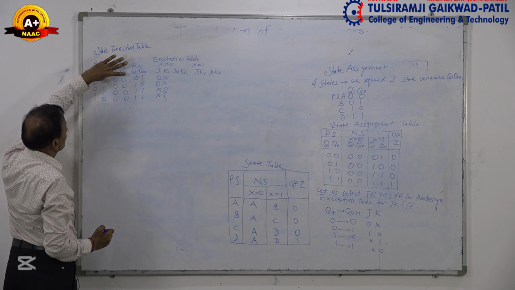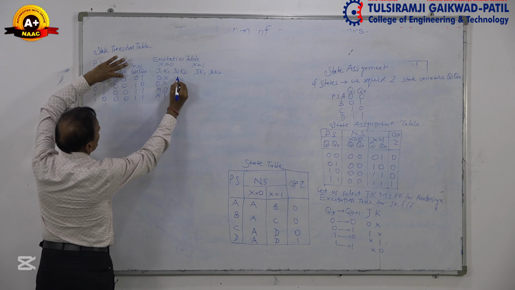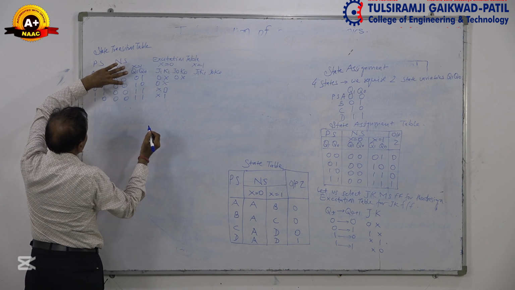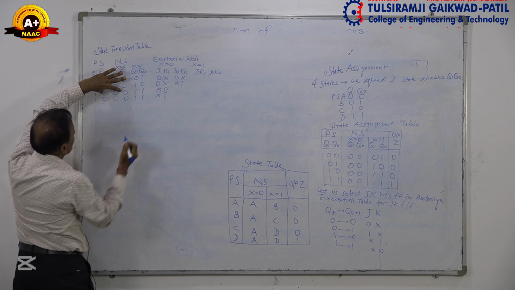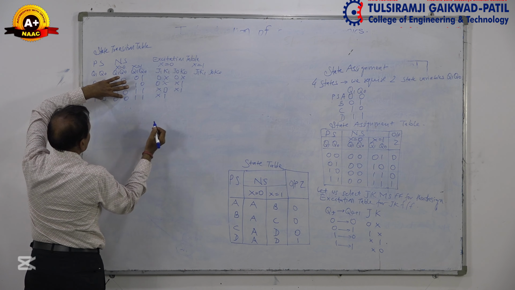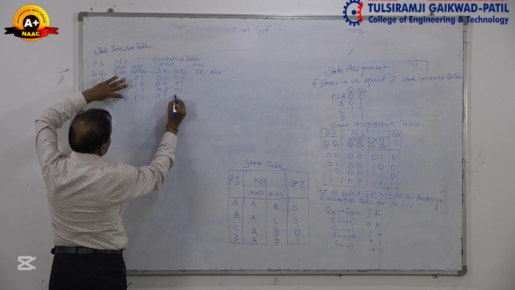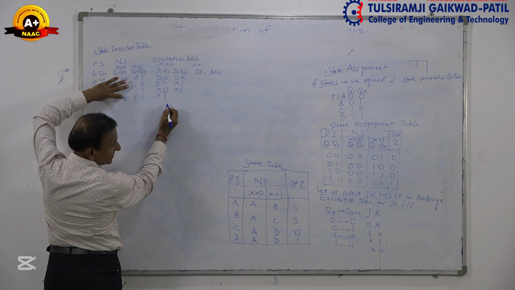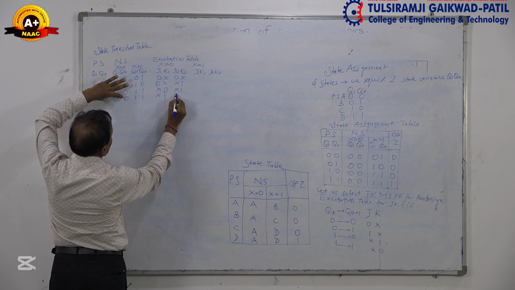Now for this x equal to 0, Q0 to Q0 transition: 0 to 0, 0 don't care, 1 to 0, don't care 1, 1 to 0, don't care 1, 0 to 0, don't care 0, 0 to 0, 0 don't care.